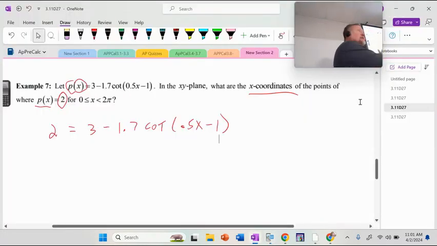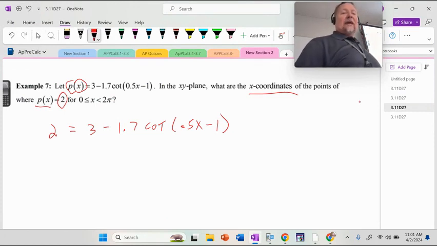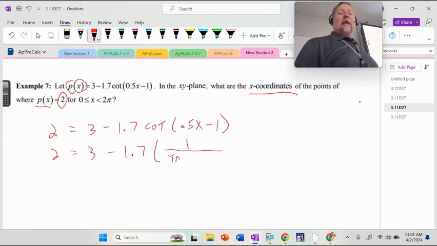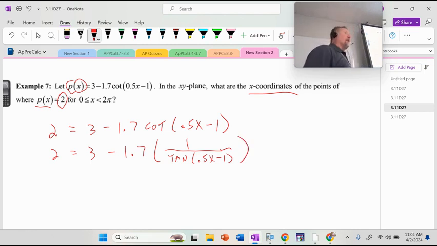So here's what we have to understand. This is the same as 1 over tan of this angle measure, because that's what cotan of 0.5x minus 1 actually means. That is the equivalent, and we have to do that in order to see this graph.